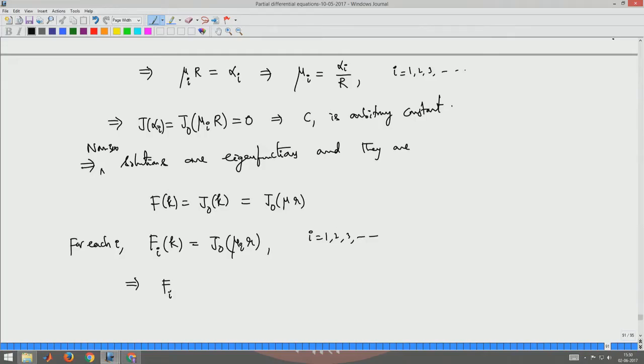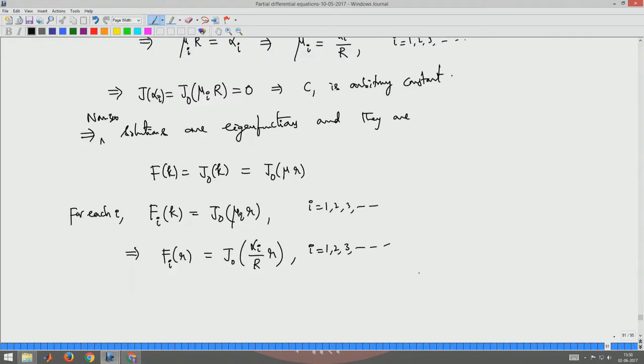Then you can write phi I of R as J0 of mu I into R, where mu I is alpha I by R, so you get this for 1, 2, 3 onwards. As a function of k, they are J0 of k, where k is mu R. So, for each mu I, J0 of mu I R is the solution phi I of k. If you want it in terms of R, you have to write mu I.